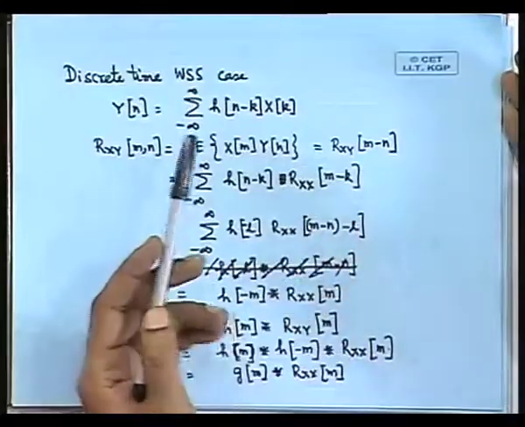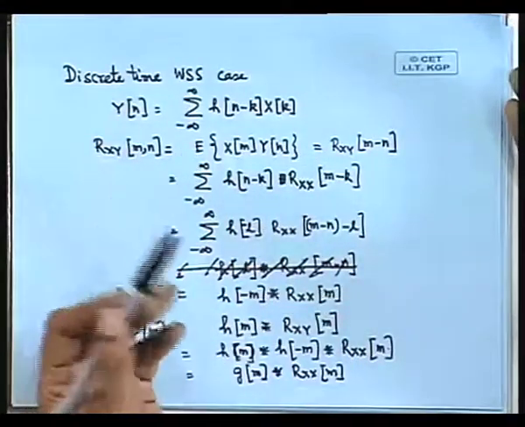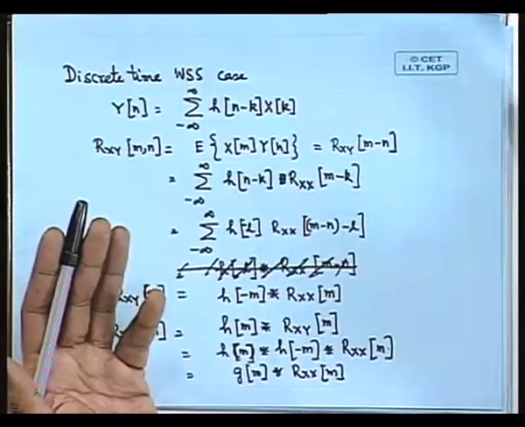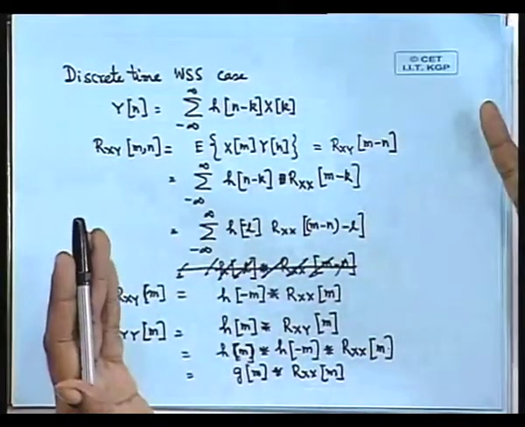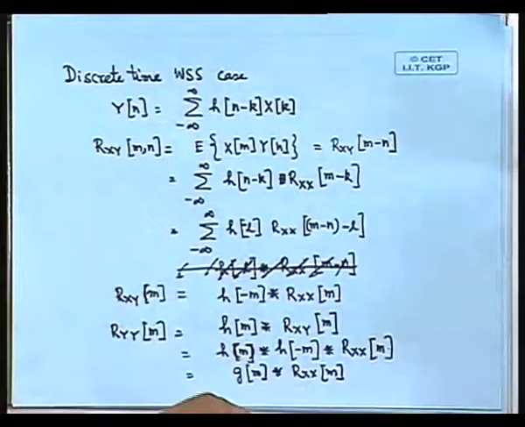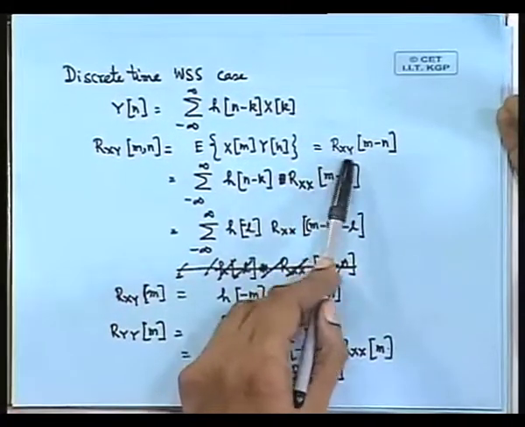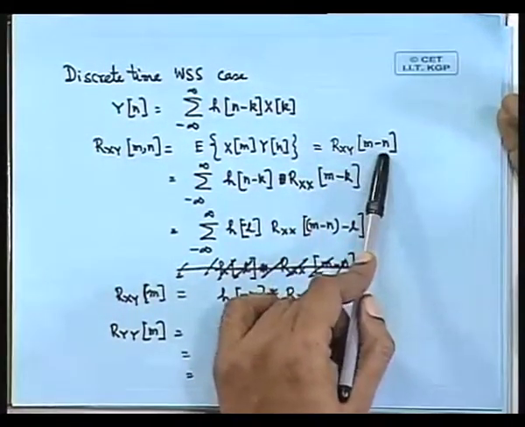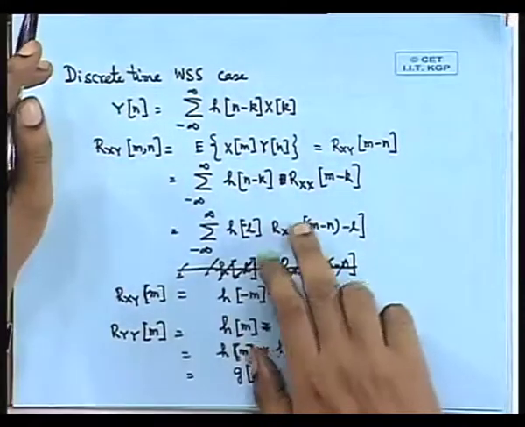We will not go into those things, because otherwise we will not be able to see any result. It turns out that if x is stationary and we have a linear system, then x and y are going to be jointly wide-sense stationary, which means that their cross correlation can be defined as a function of m minus n. This is a result.